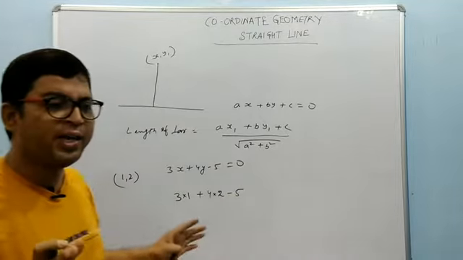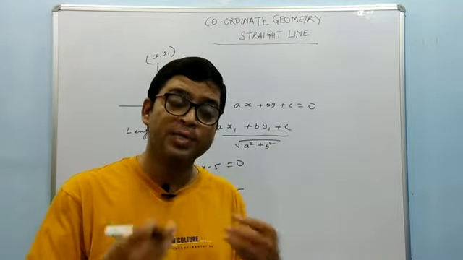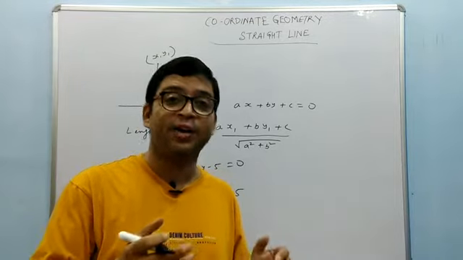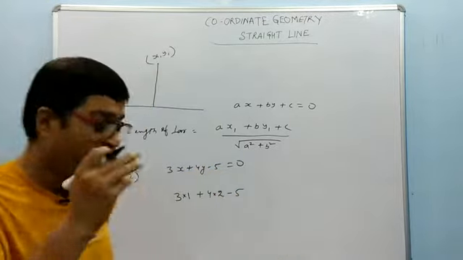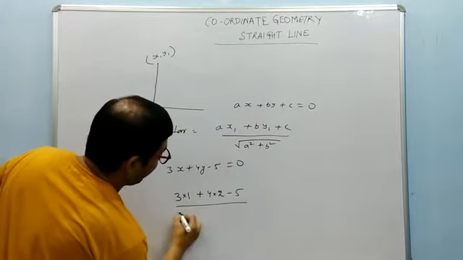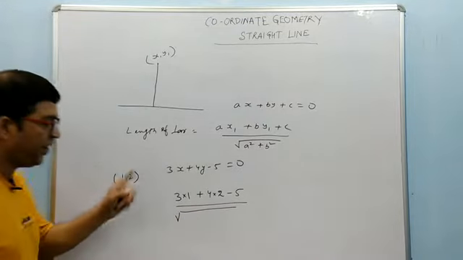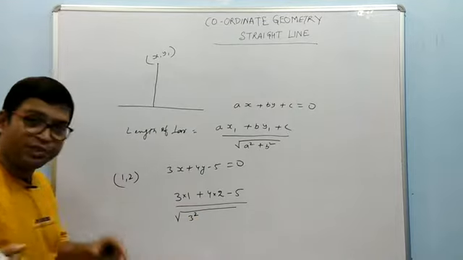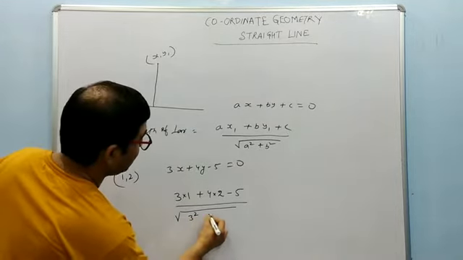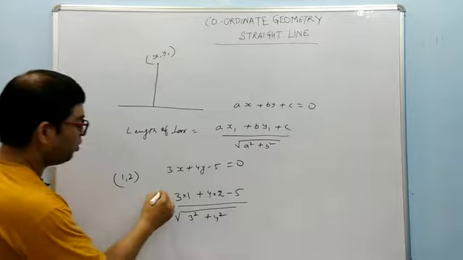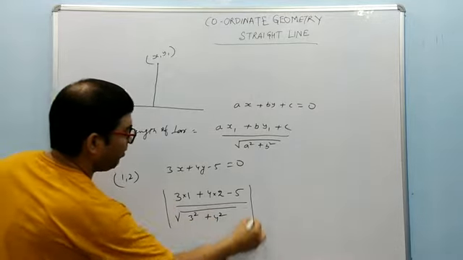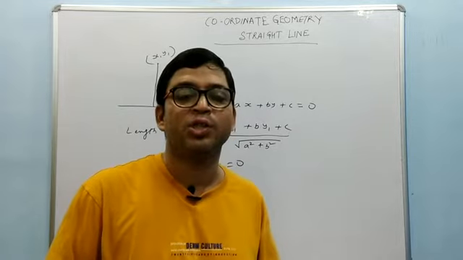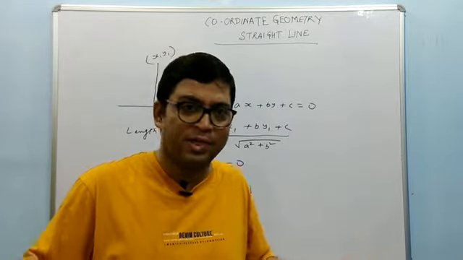You just write the equation as it is, but only you have to replace x and y by x1, y1, divided by under root coefficient of x square, that is 3 square, plus coefficient of y square, that is 4 square. You put the modulus sign, because if somehow the length comes out negative, we can take the positive value, because length is positive.